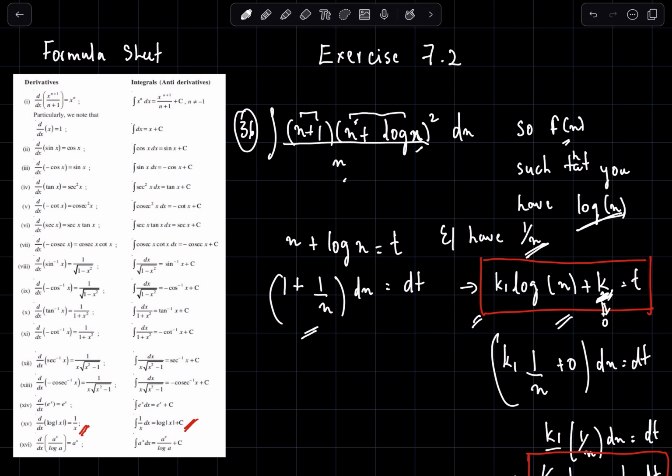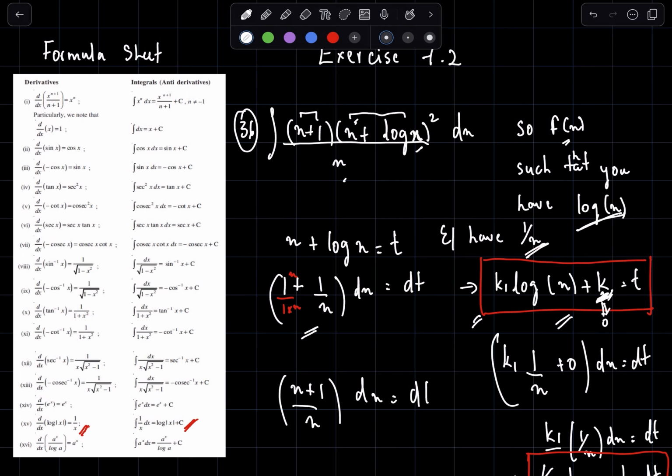Wait a second. So, interesting. Let's add this. What does this become? I think I'm seeing it right now. So this is also 1, so multiply by x, right? Because you want to make them like fractions, so it'll become x plus 1 divided by x dx is equal to dt. Oh, we got it.